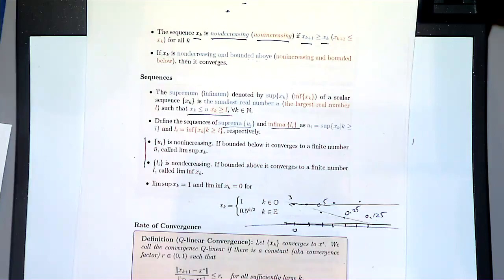Now, the sequence that we're constructing can be just the distance between xk and x star. It can be the distance between f star and f of xk. It can be any of these things. But at the end of the day, we want to show that the sequence generated by the algorithm behaves in a particular way. You can see there's the error sequence coming out of the algorithm.